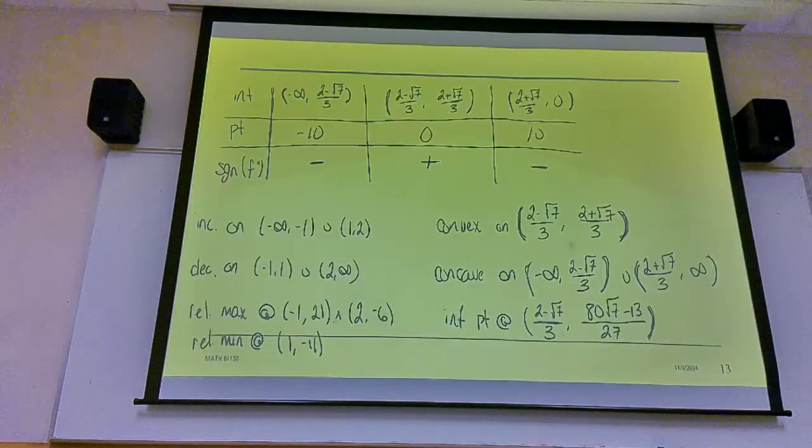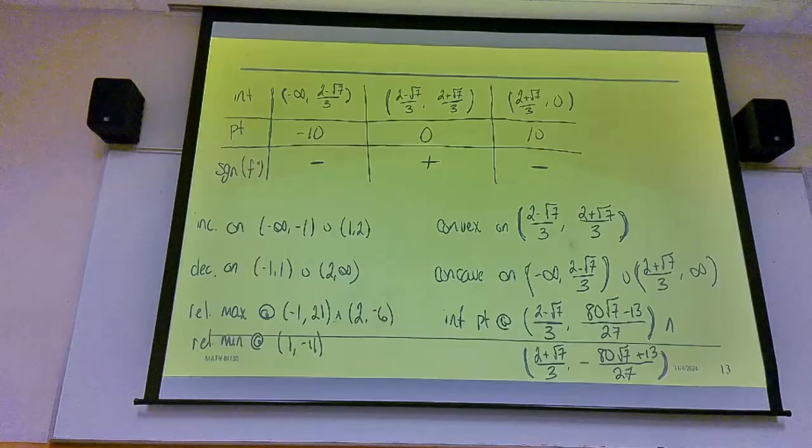Should be 80√7 instead of 80√8. Those are the two inflection points.